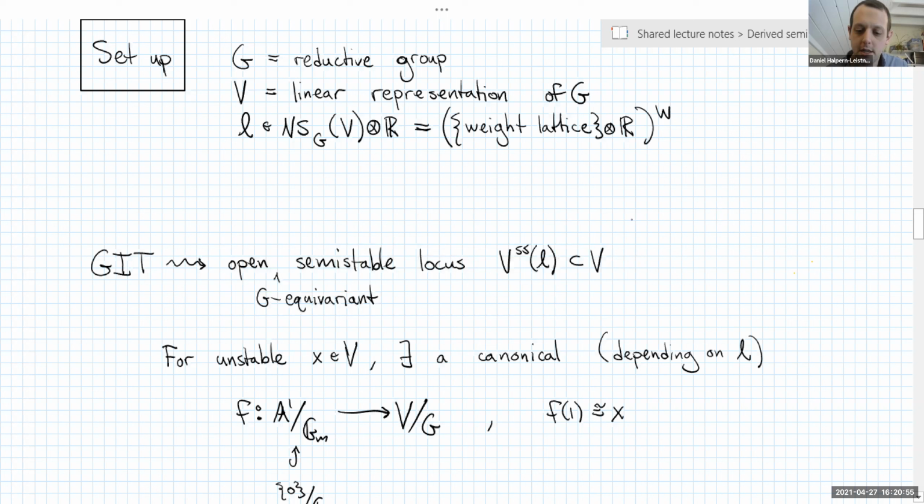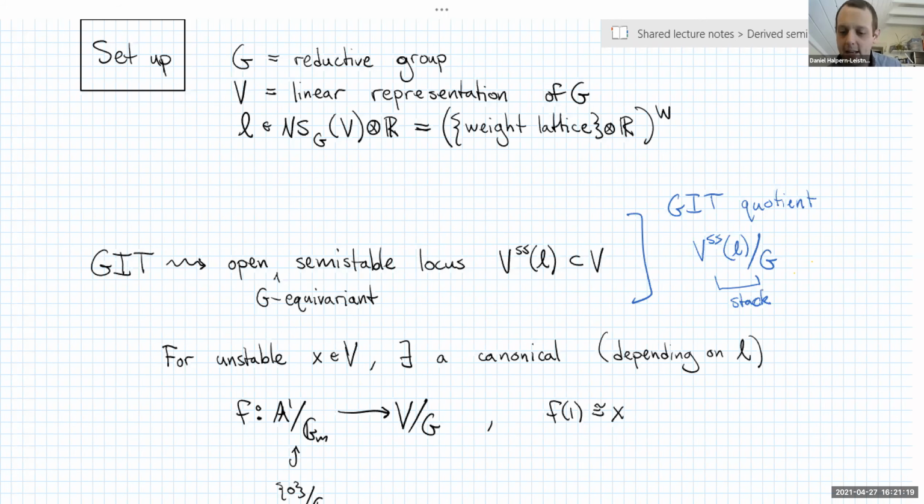And the GIT quotient is V semistable of L, mod G. When I do this quotient, I always mean a stack, because I think that's the only quotient. When I want the space, I'll use a double line. So the GIT quotient stack, and then the GIT quotient space, I'll typically denote like this.